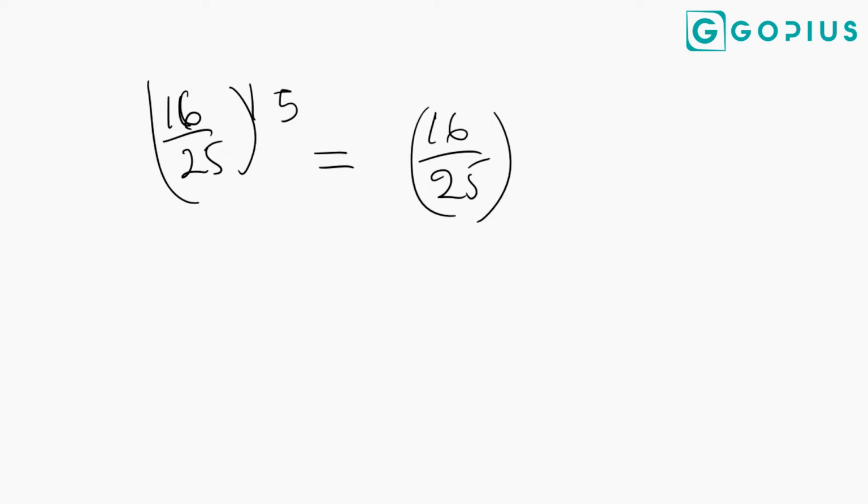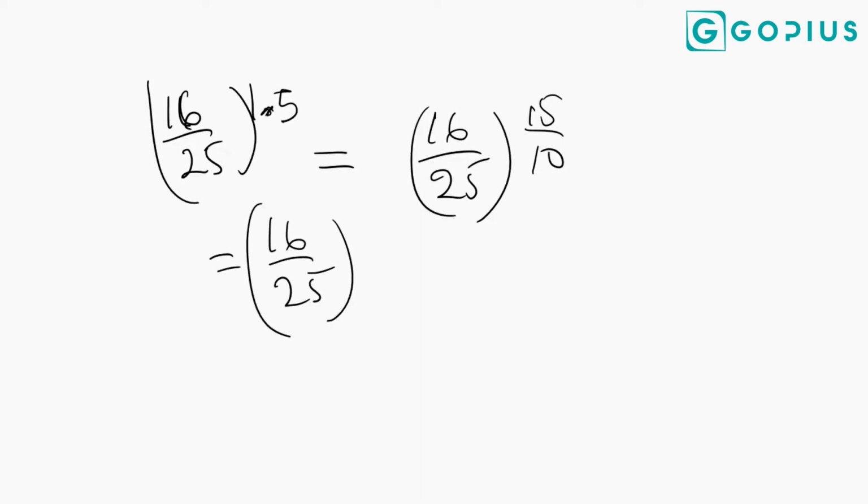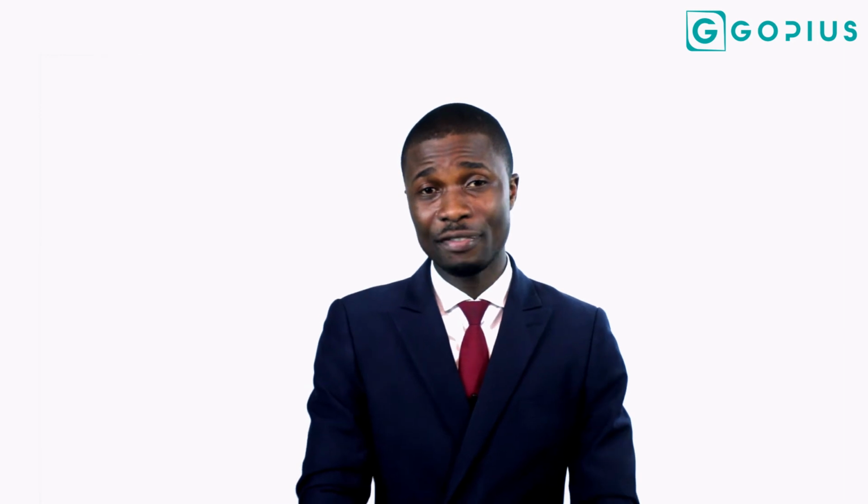All right, so 1.5 means one decimal place, so that means 15 divided by 10. So this is equal to 16 all over 25 raised to the power 15 divided by 10. We can break it down because at this point it will not be ideal for us to find 10 roots of 16 divided by also 10 root of 25, thinking of a number that when you multiply 10 times you have 16.